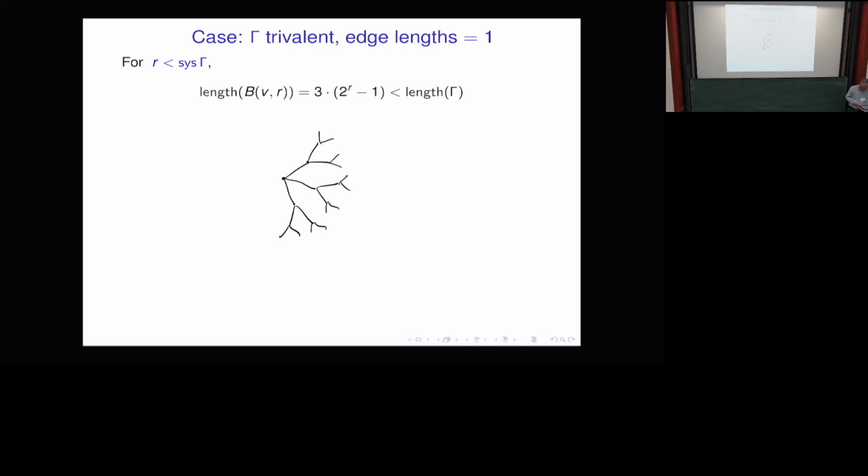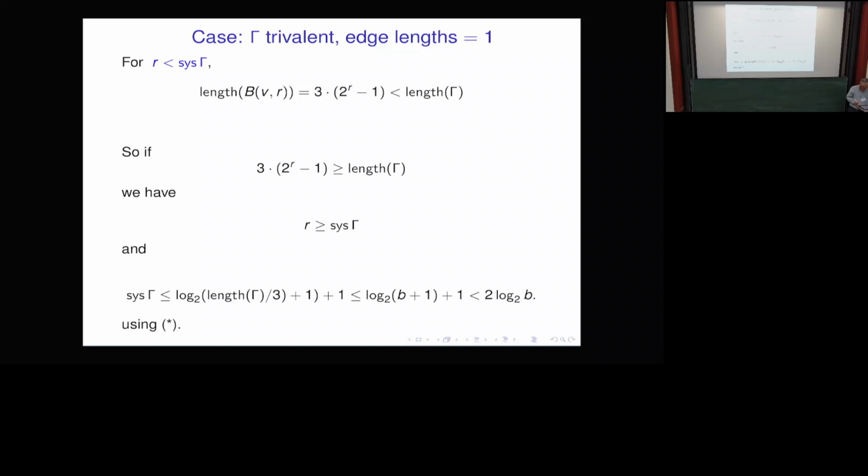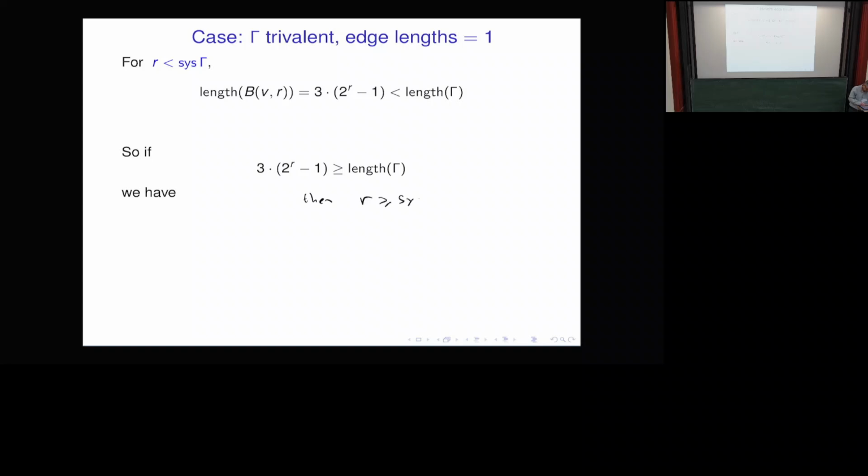In particular, if this is greater than the length, then R is greater than or equal to the systole of gamma, which gives us the inequality we want.